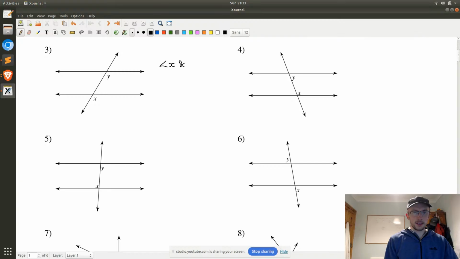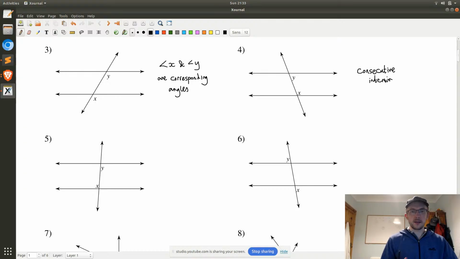Angle X and angle Y are corresponding angles. Angle X and angle Y are consecutive interior angles or co-interior angles.